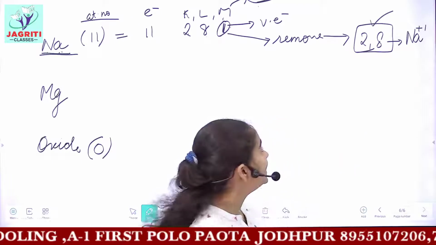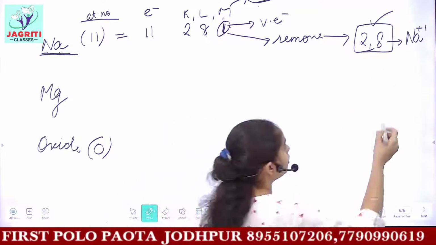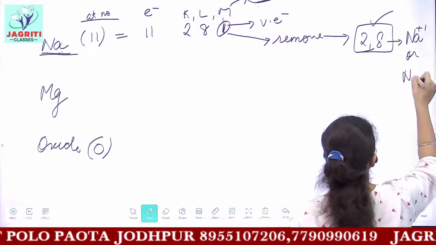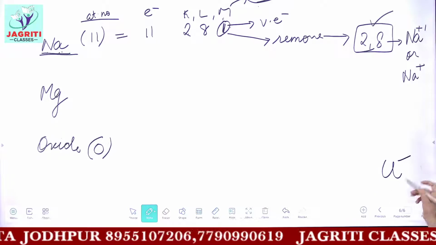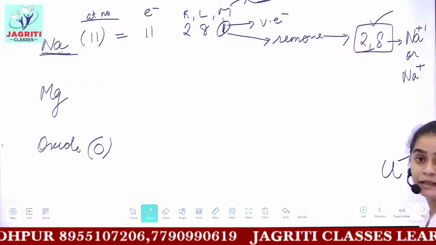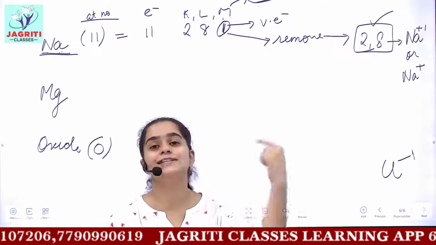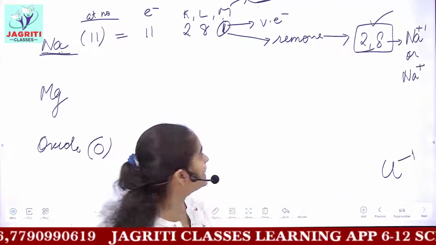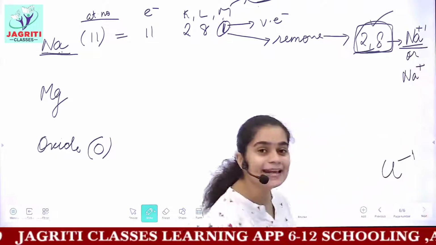When there is a loss or gain of only 1 electron, you can also write Na plus, as we wrote Cl minus. There is no need to specify 1, because we already know that one minus sign means only 1 electron is gained. So this is the configuration of the sodium cation, Na plus.